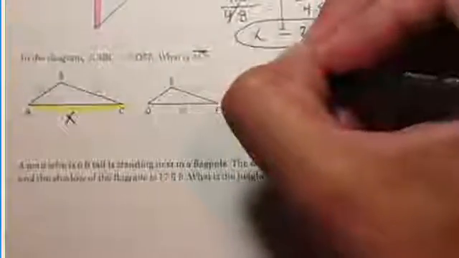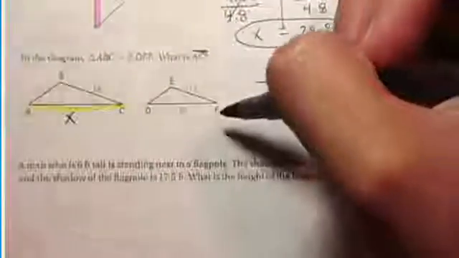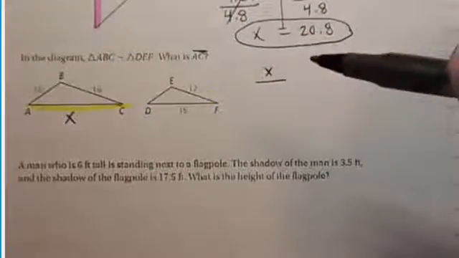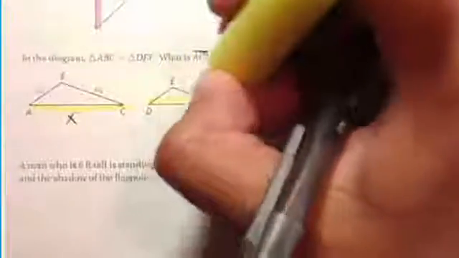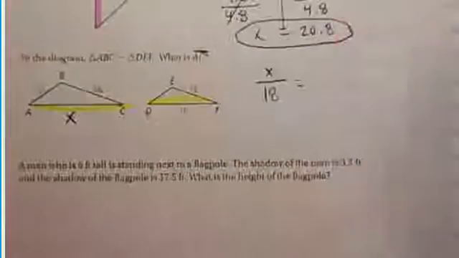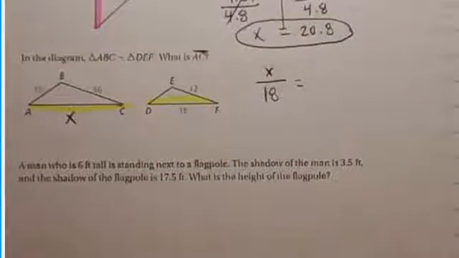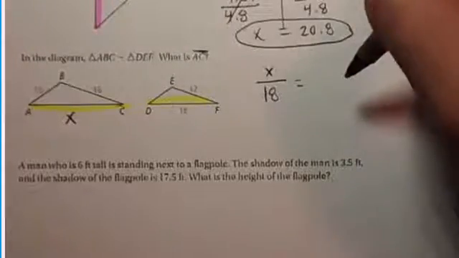If I have X as AC, what side length is that similar to on this side? It's similar to DF, which is 18. So there's one ratio right there, X over 18. Now, I need to find another ratio with sides that are similar.